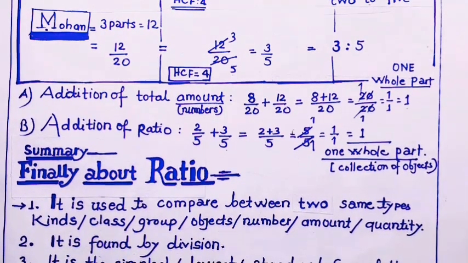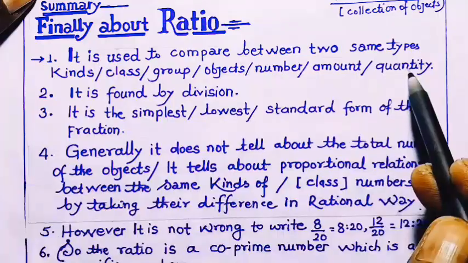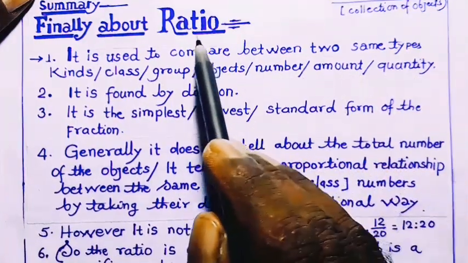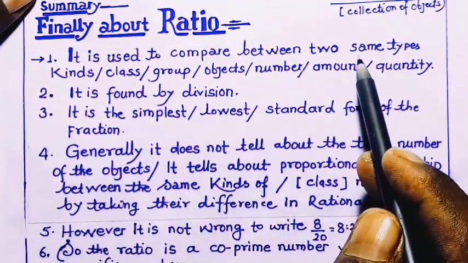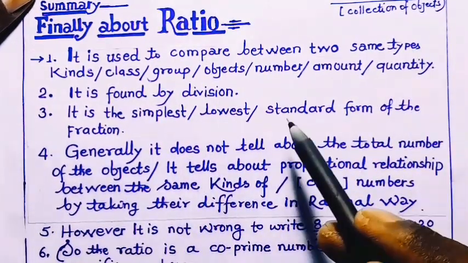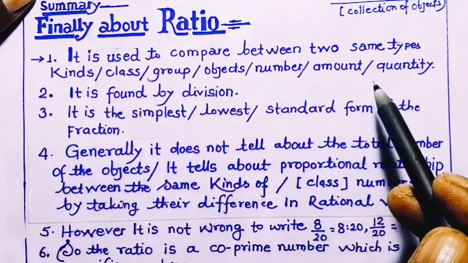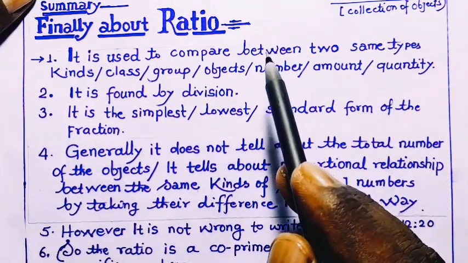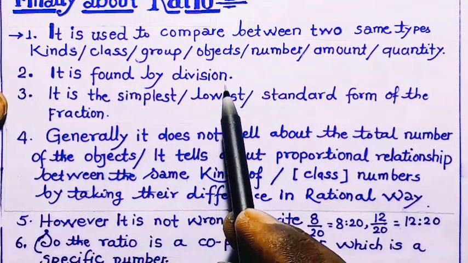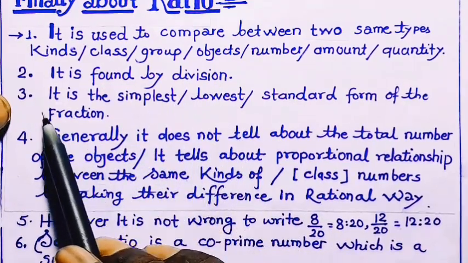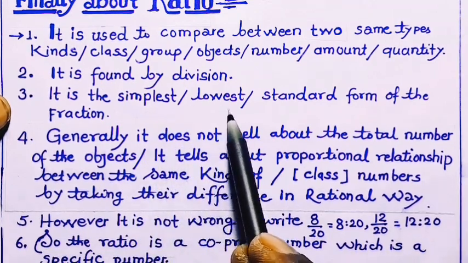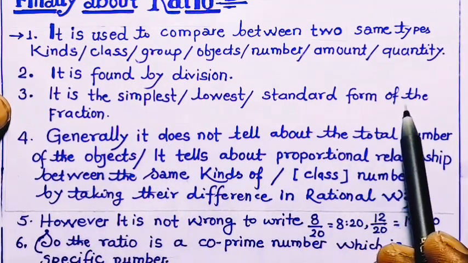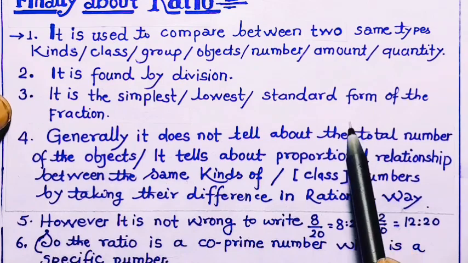Now the summary of ratio: the number of ratio is used to compare two same types of objects. It is found by division. Thereafter, it is the simplest, lowest standard form of the fraction.